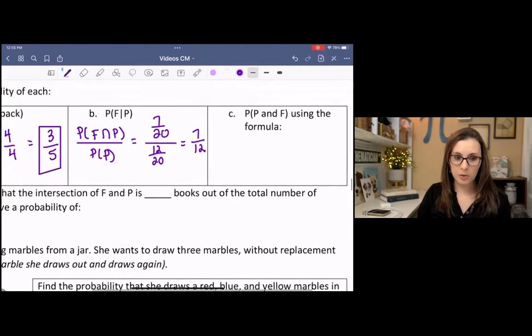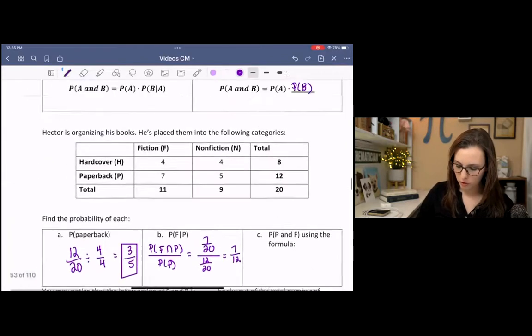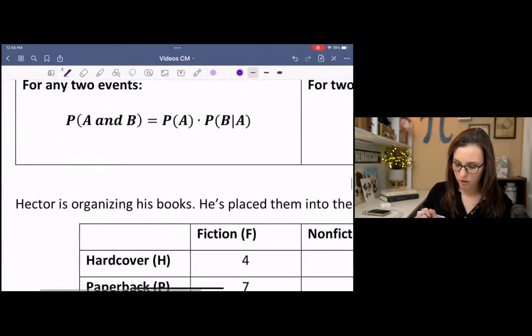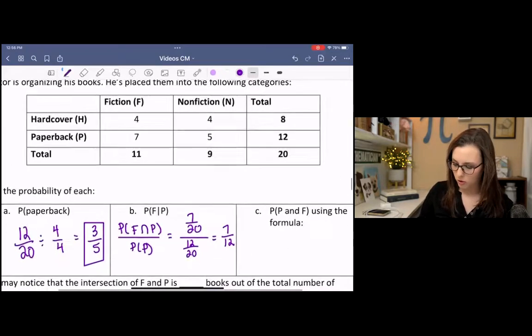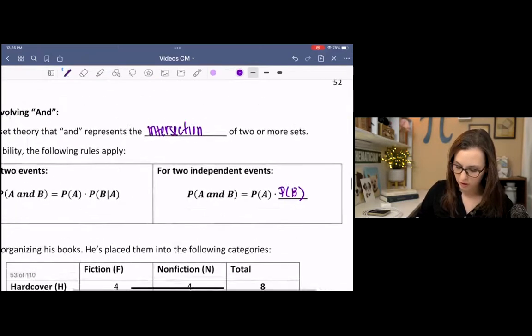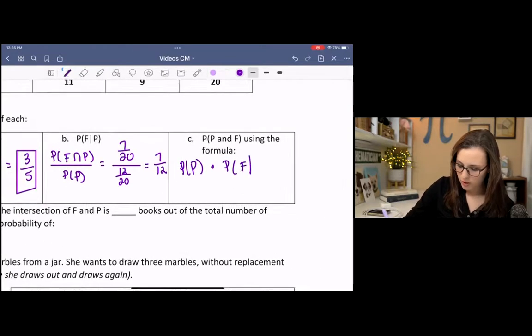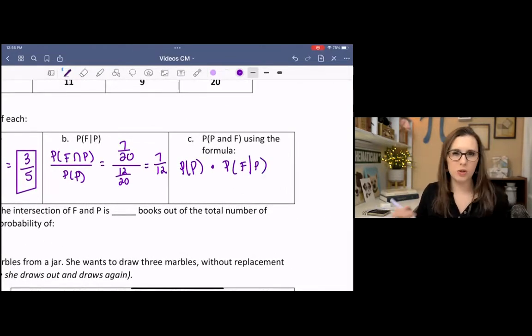And then the last one, the probability of paperback and fiction, and we're going to use the formula. So the formula refers to this guy up here. Probability of paperback and fiction. So we have to do probability of paperback times probability of fiction given paperback. So I'm just subbing in the letters where they go in the formula.